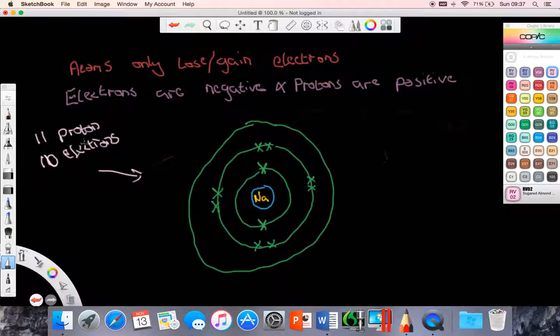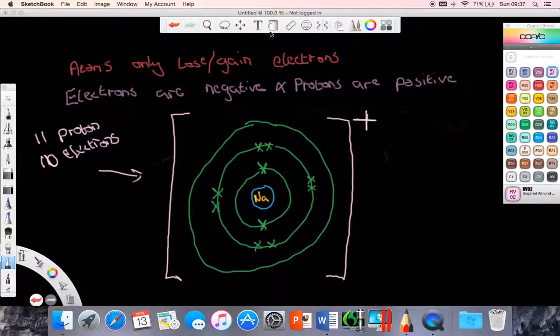If you think about it, it now has one more proton than it does electrons. Protons have a positive charge, electrons have a negative charge. Therefore, this sodium ion would now have a positive charge. It has now become a cation, and we would draw brackets around it and put a positive charge to show that. Okay?